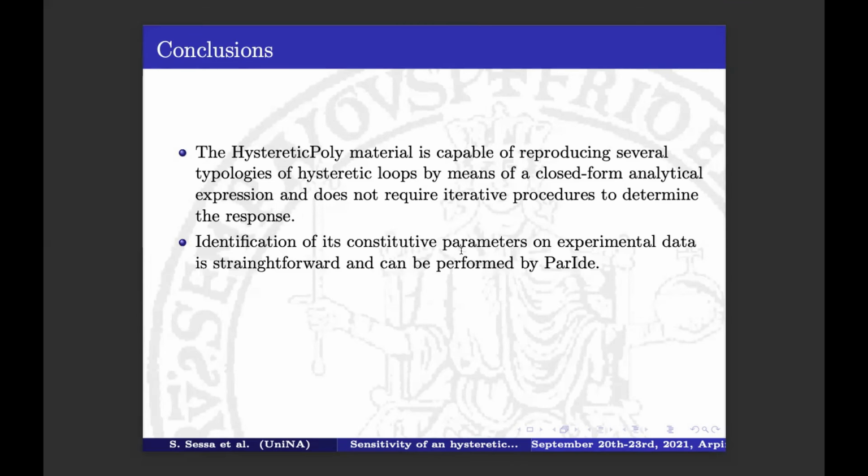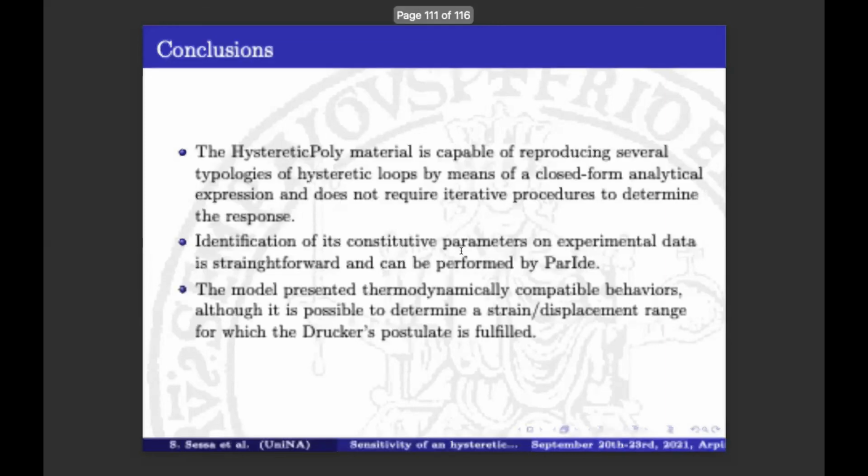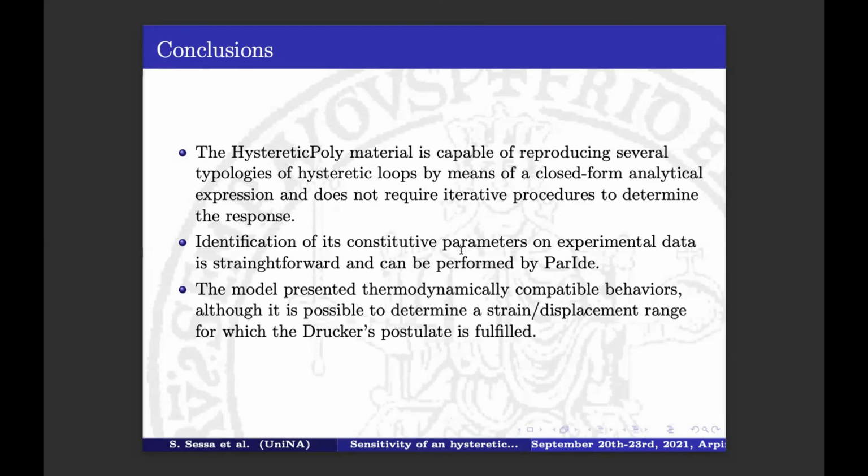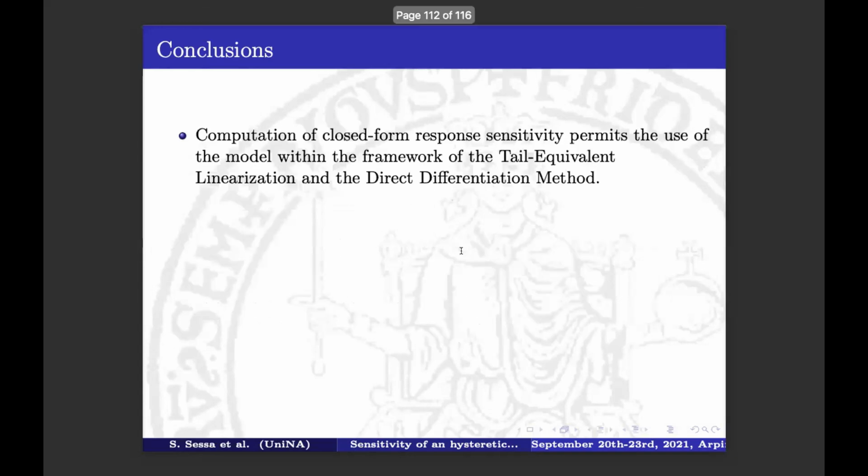The identification, because of the possibility of getting an effective first estimate, is quite straightforward and may be performed even by people that don't have confidence with identification, and it is thermodynamically compatible as far as we remain inside the boundary.